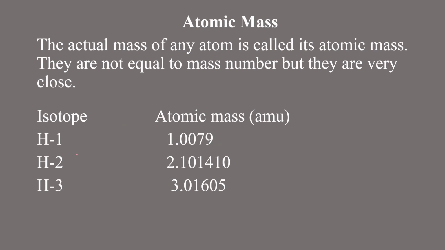The mass of hydrogen-2, which has 1 proton and 1 neutron, is 2.101410, and the mass of hydrogen-3, which has 1 proton and 2 neutrons, is 3.01605 AMU.